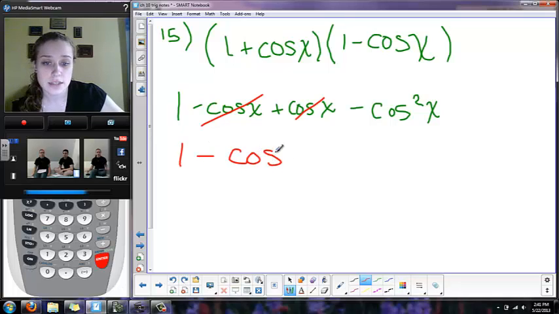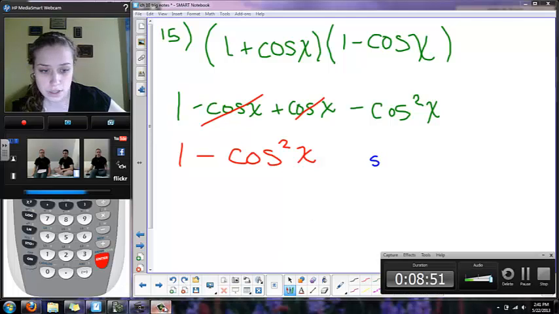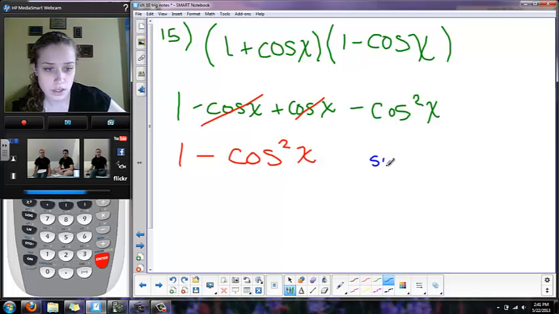And just like I said before, whenever you see sine or cosine and it's squared, and you also see a 1 there, you should be automatically thinking Pythagorean identity. Let me just rewrite that for you one more time. Sine squared theta plus cosine squared theta is equal to 1.